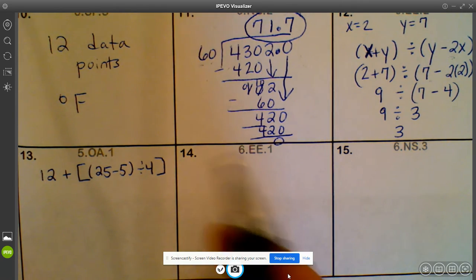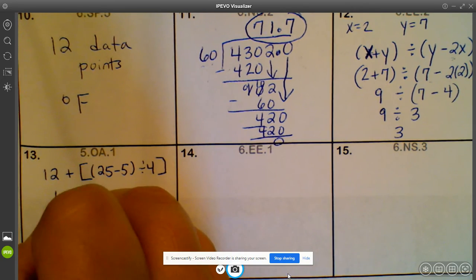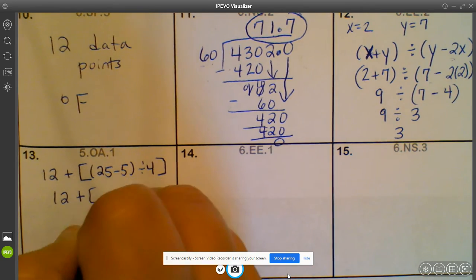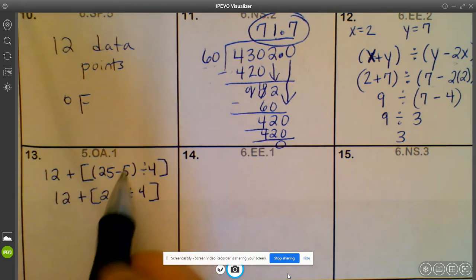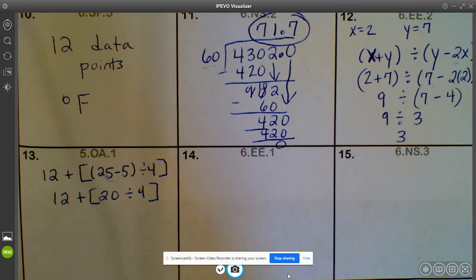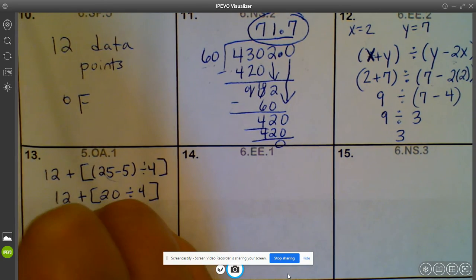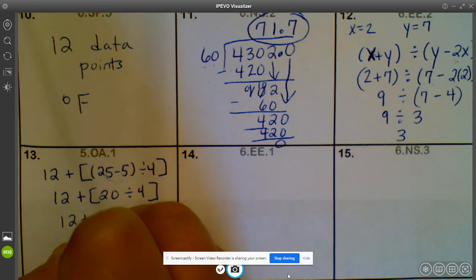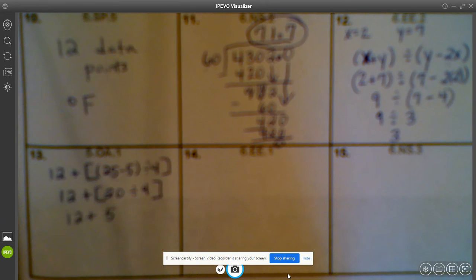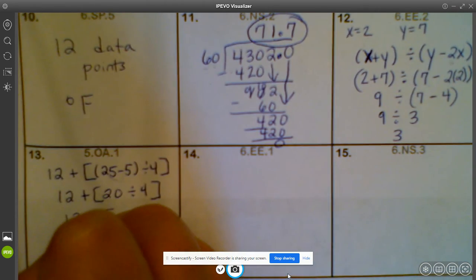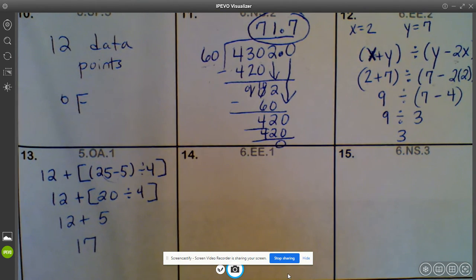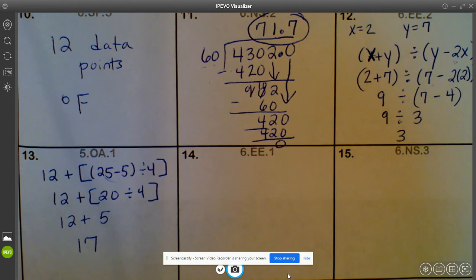So I'm going to do parentheses first. So rewrite this. 25 minus 5 is 20. So I just did this step first. Now I'm going to finish my brackets. 12 plus 20 divided by 4 is 5. And then 12 plus 5 would be 17. So problem 13 simplified would be 17.